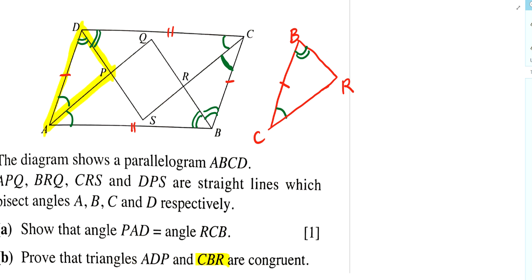Okay, he intends to use ASA. Can you substantiate with 3 pieces of evidence? C, B, R. What do I write after CBR? ADP. Okay, reason?